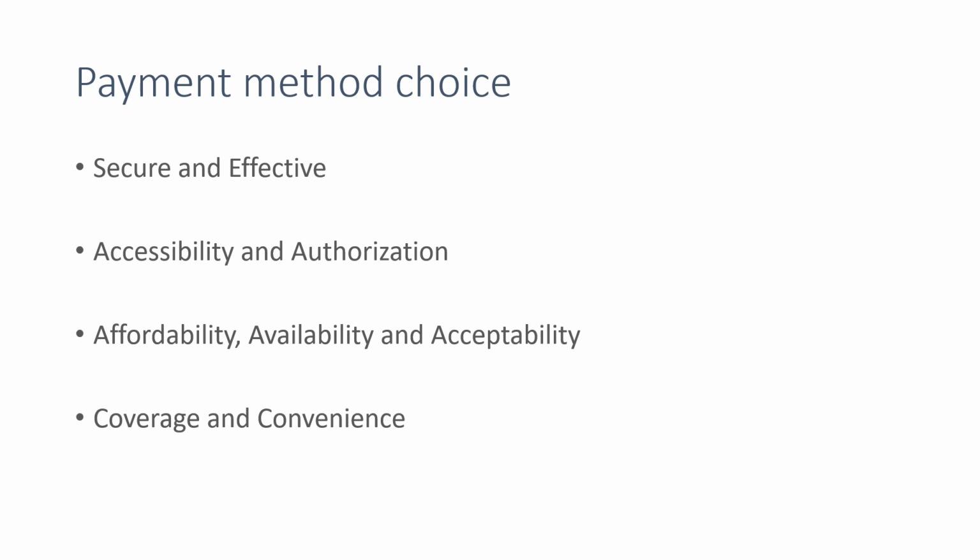Then the system being available 24 by 7 became a priority, along with being secure, with customer authorization. Then the payment method should also be affordable, available, and acceptable to the masses. For example, credit cards are secure, effective, accessible. They ask for authorization before payment, but they are not affordable and available for everyone. That's why they are not acceptable to all types of merchants.